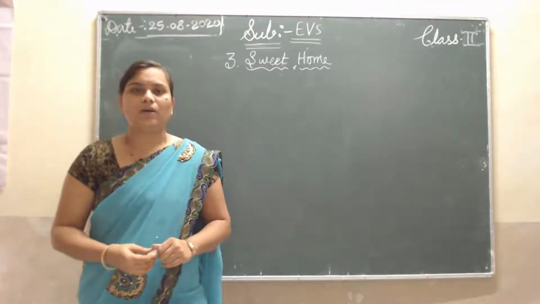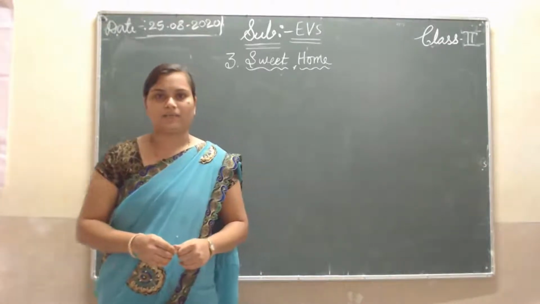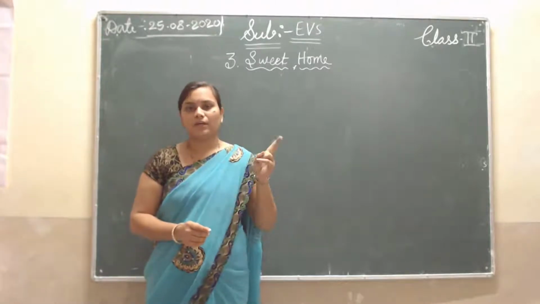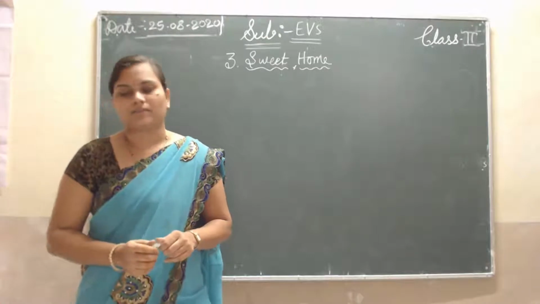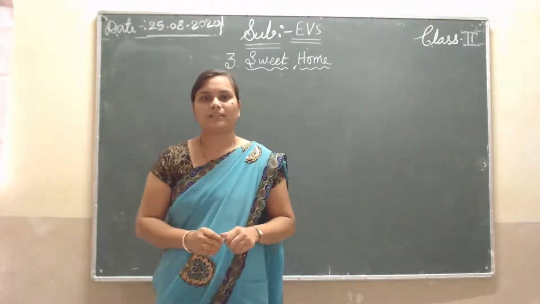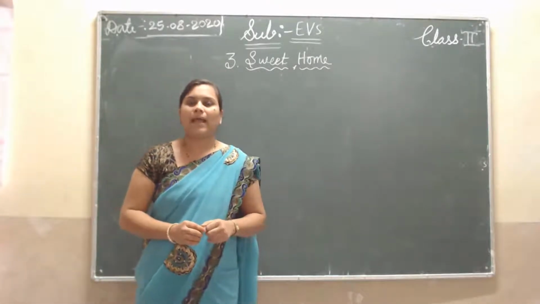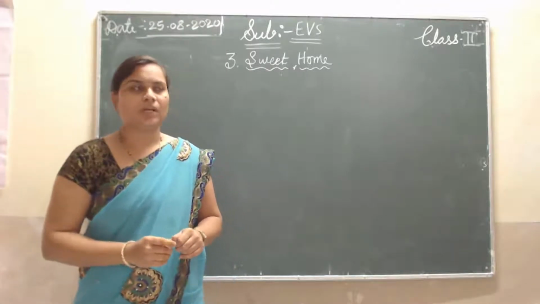Later on, we made the huts for living. We call them kacha houses. There are two types of houses, kacha houses and pakka houses. Kacha house is made up of what, students? Grass, dry leaves, branches of trees and bamboos.